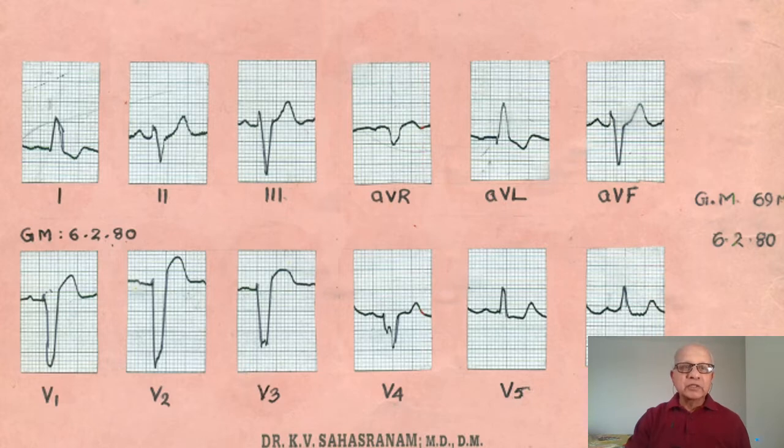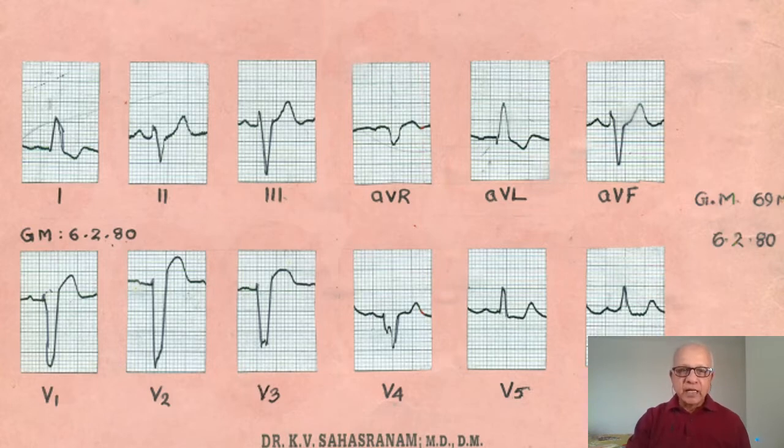Now this first slide shows the ECG of a 69-year-old diabetic gentleman. He was admitted to the hospital with a history of sudden onset of vomiting and giddiness one day before admission. Now my two questions here are, what is your diagnosis from the ECG?